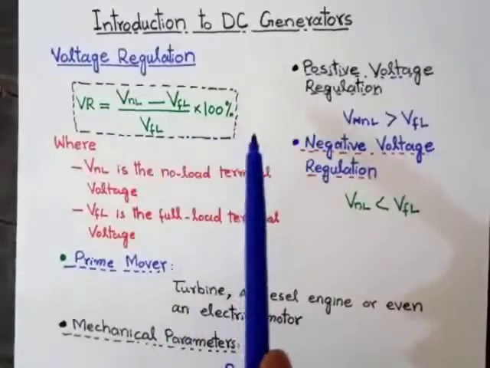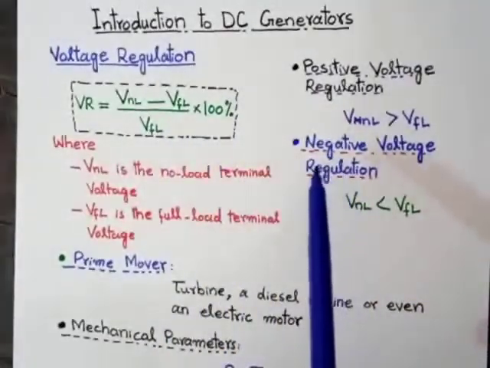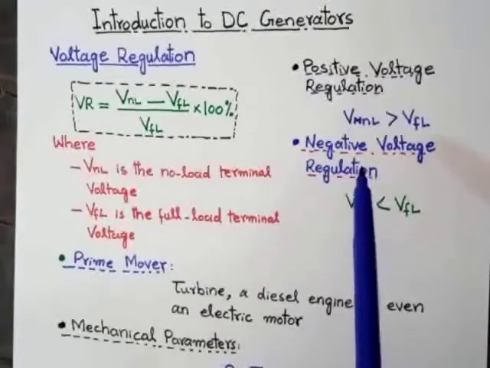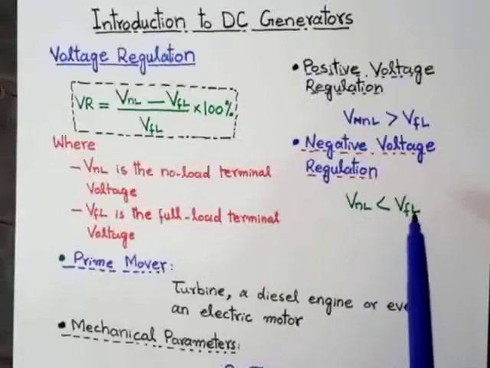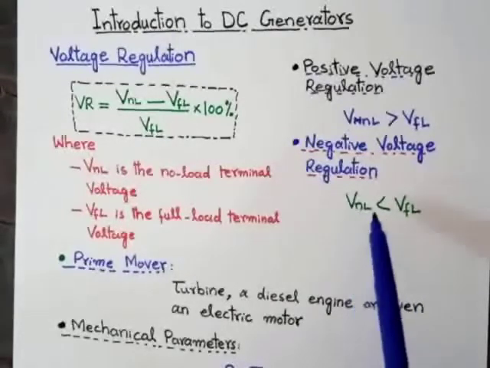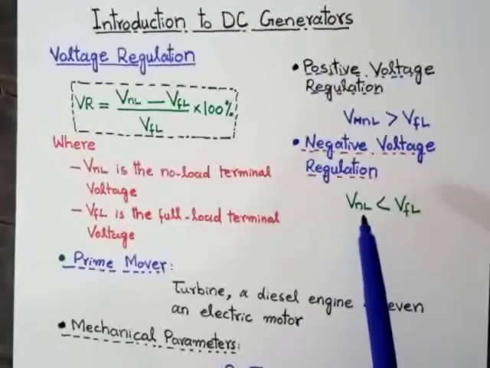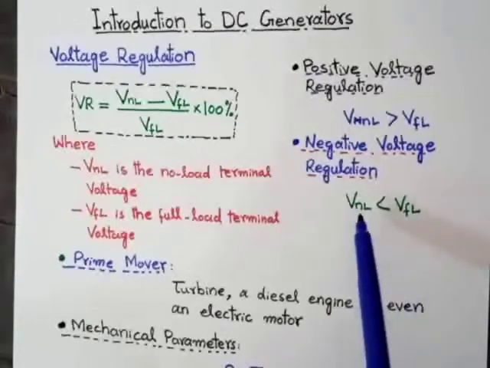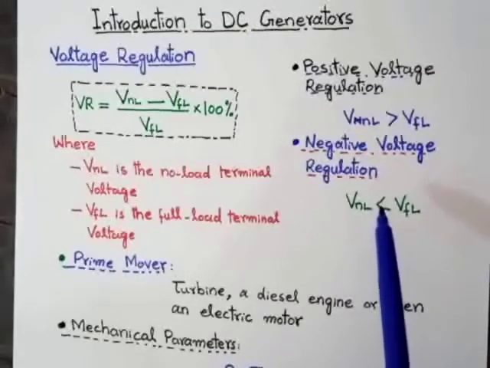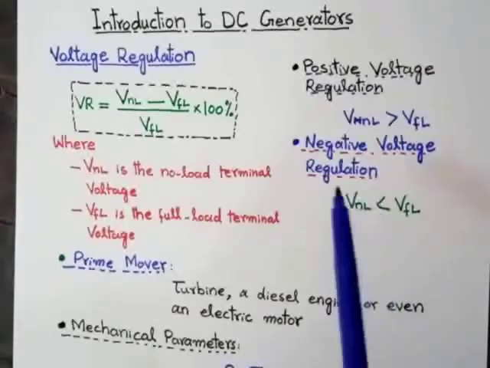The second type of the voltage regulation is the negative voltage regulation. Negative voltage regulation is the voltage regulation in which full load voltage will be greater than the no load voltage. If the full load voltage is greater than the no load voltage, then this type of the voltage regulation is called the negative voltage regulation.